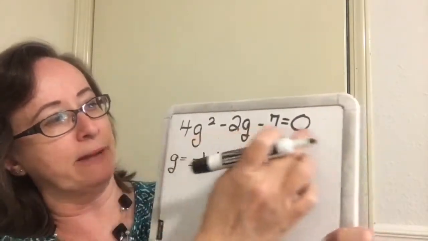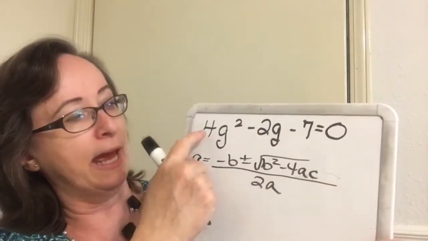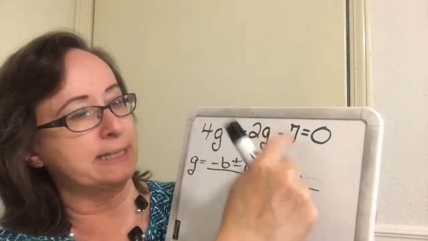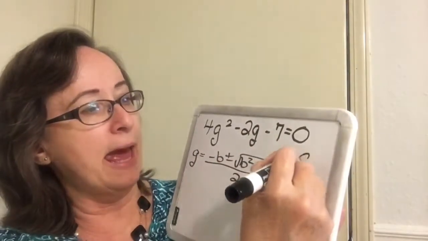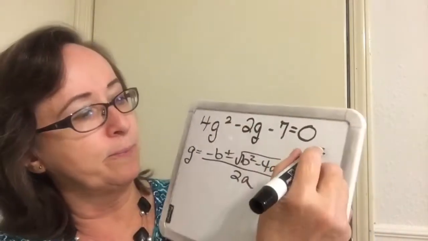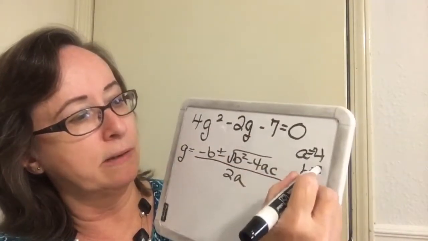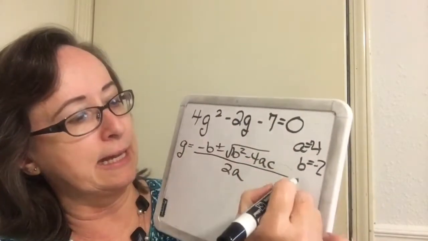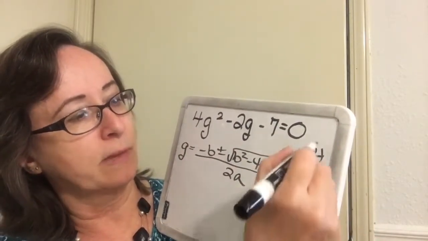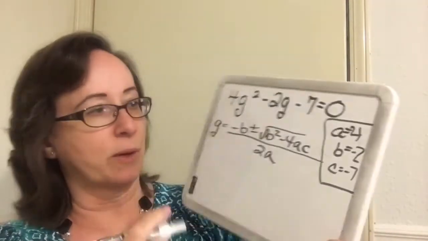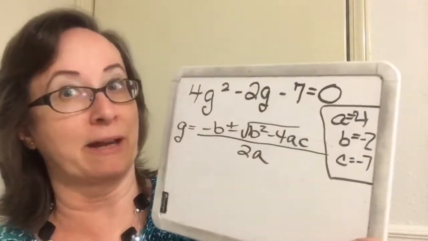Now, when I look at this, it is in standard form: a variable squared plus b variable plus c equals 0. So a is 4, b is negative 2, and c is negative 7. So these are the numbers that I will plug into this formula. That's all the quadratic formula is.